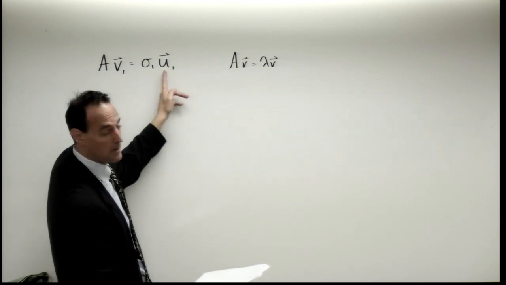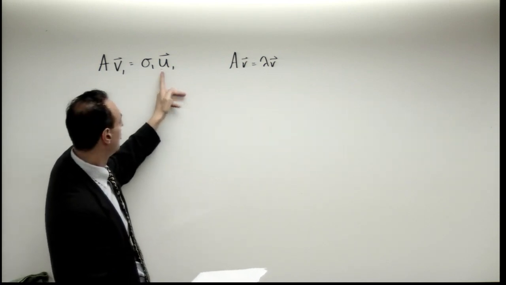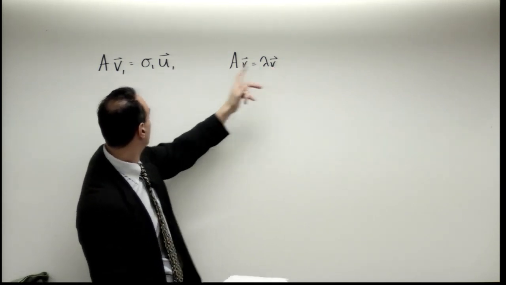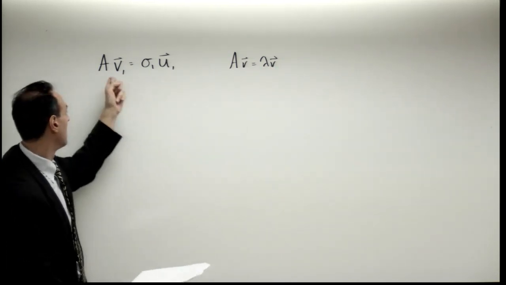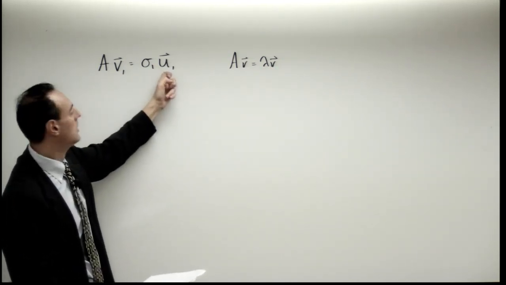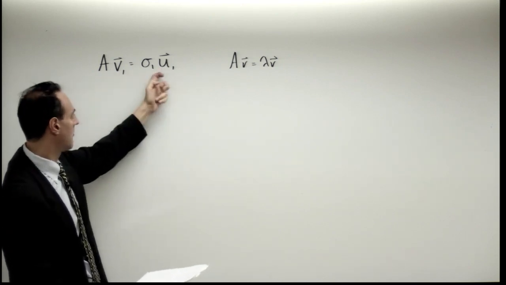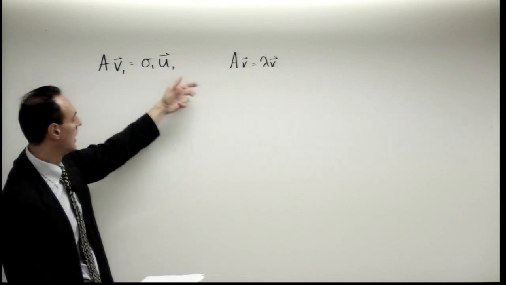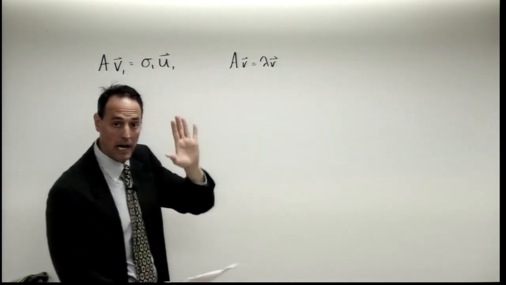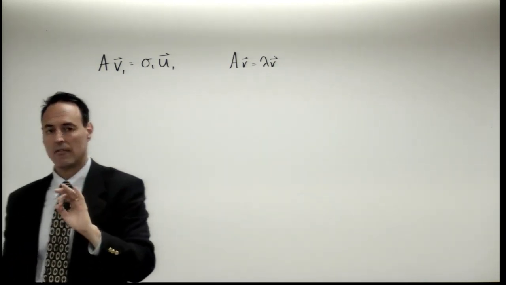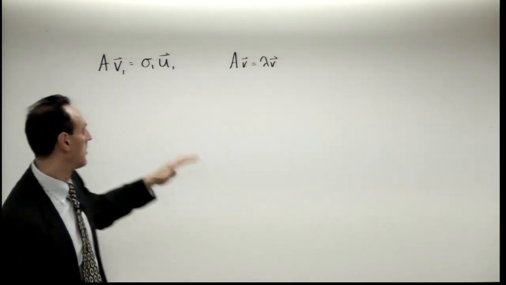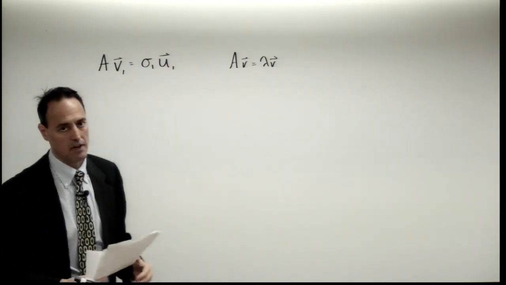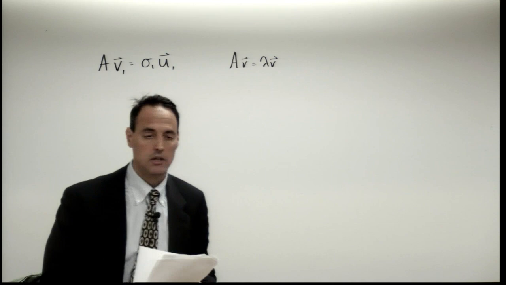But here's the big difference. You have a U1. Normally in an eigenvalue problem, it'd be V1 and V1 over here. Now you can have a different vector over there. V1 produces U1. So it's not an eigenvalue problem, but there's definitely a very intimate relationship between this and the eigenvalue problem, which I will show you in just a moment.